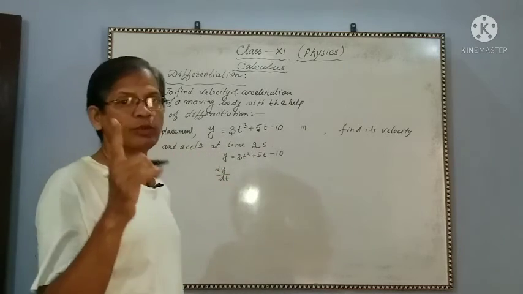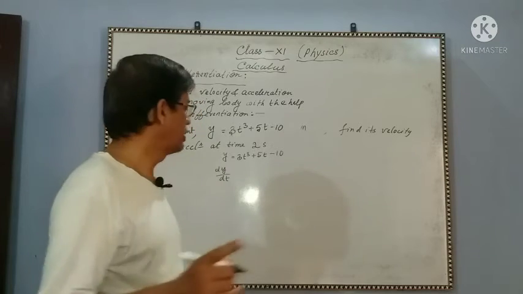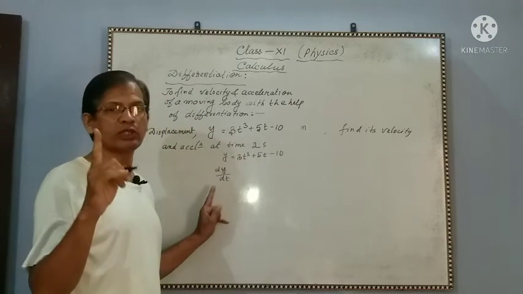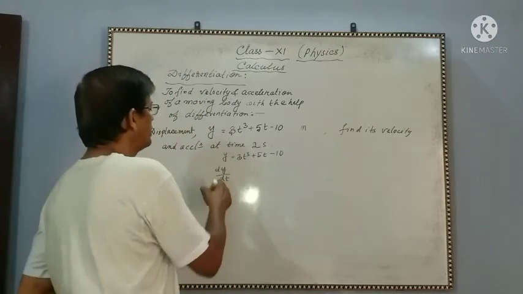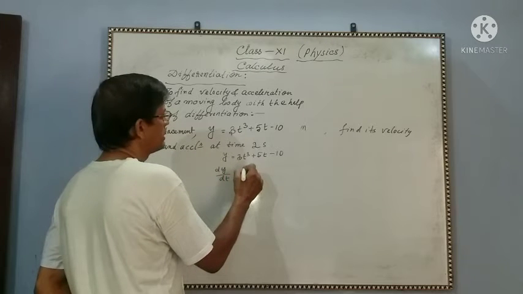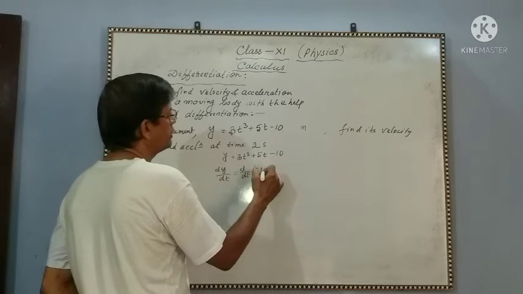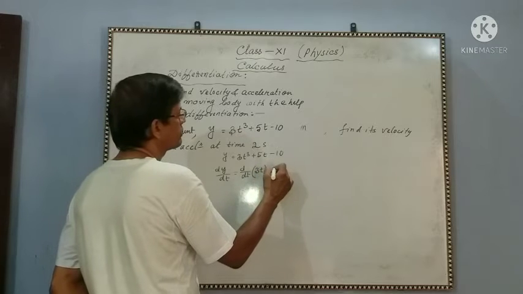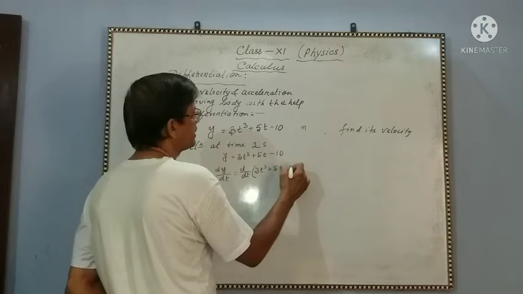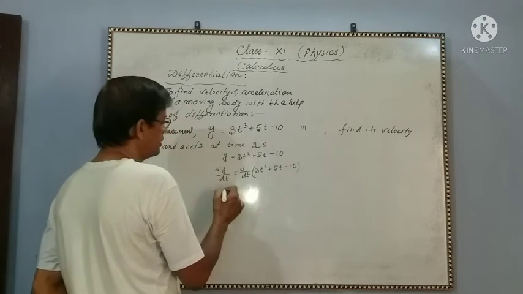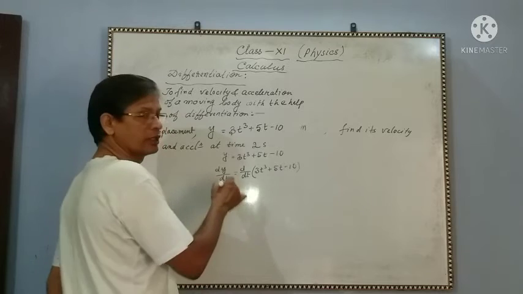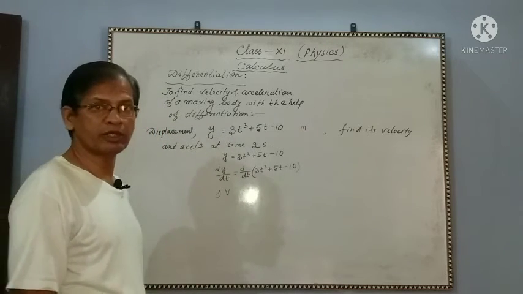Rate of change of displacement is velocity, and due to which we have to differentiate with respect to t. So dy by dt equal to d by dt of 3t cube plus 5t minus 10. So this is velocity.